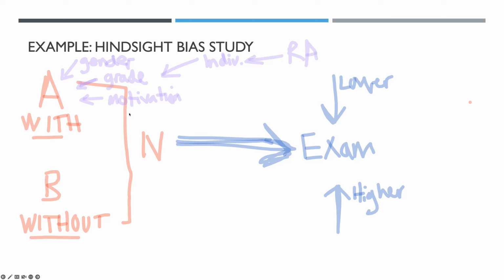So we can randomly assign people to be in one condition or the other. For this example, we would expect that if we randomly assign people, we would end up having different baseline comfort with the materials across both conditions. We would have different levels of motivation across those conditions. We would have different genders across both conditions.